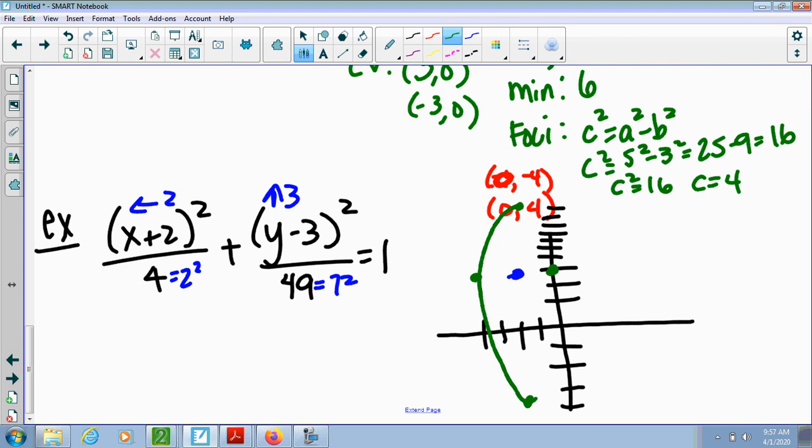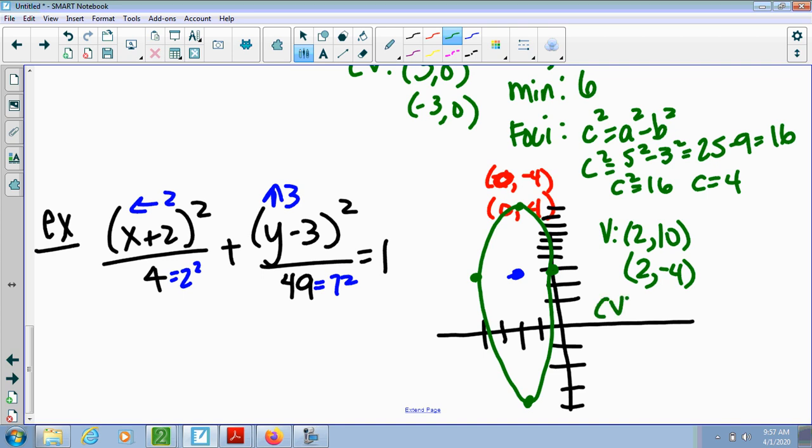And here we go. Obviously this is not to scale. And we can write all of our stuff down. Vertices on the major axis are going to be negative 2, 10, since that was at 3, and then I went 7 more. And the other one is going to be at negative 2, negative 4.